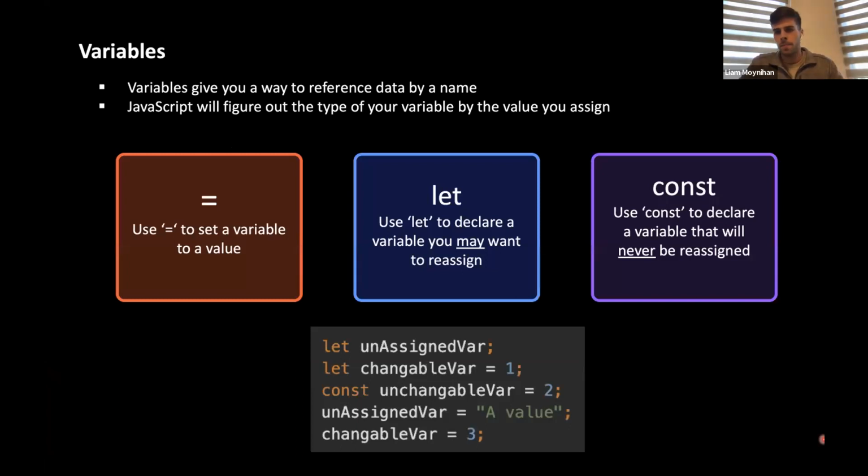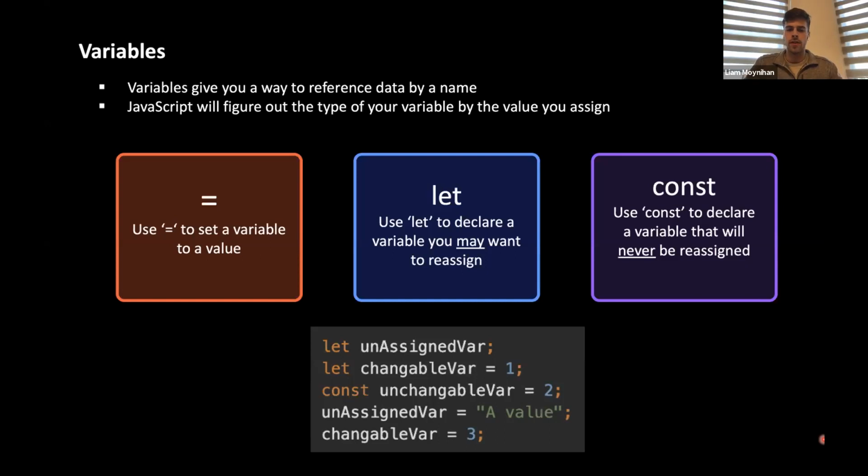So the first thing we're going to talk about are variables. If you haven't used a programming language before, this might be a little bit new to you, but I'm hoping most of you have some idea what variables are. Essentially, they're a way to reference data by a name. And unlike Java, if you are familiar with that, JavaScript is completely untyped, which means when you define a variable and assign a value, you don't have to say what type it is.